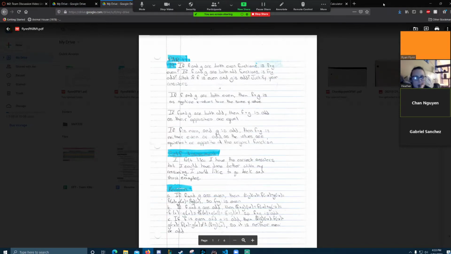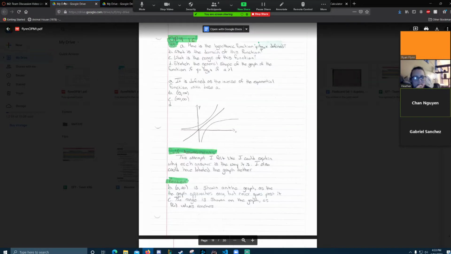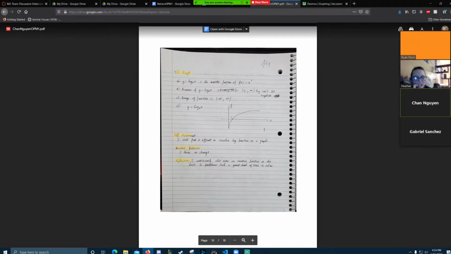Okay, so log is always the inverse function of the exponential. If we replace y with f(x), then we have the function that log is the inverse of, I think.